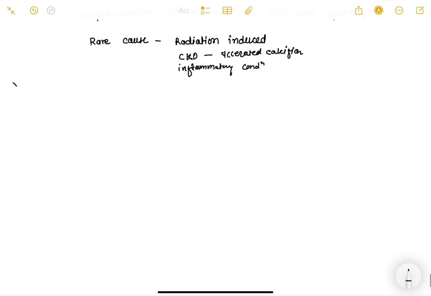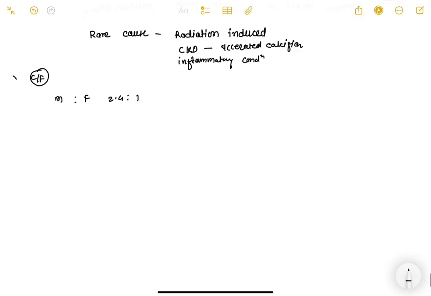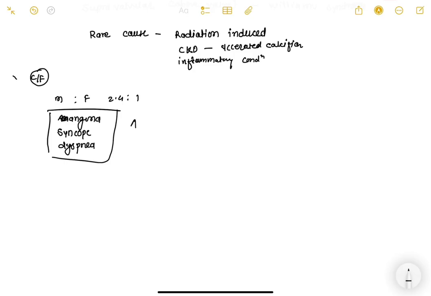Now, what are the clinical features we can appreciate in aortic stenosis? Male to female ratio is about 2 to 4 is to 1. Then we have discussed in pathophysiology, there is angina, syncope and dyspnea. This is the triad of aortic stenosis.